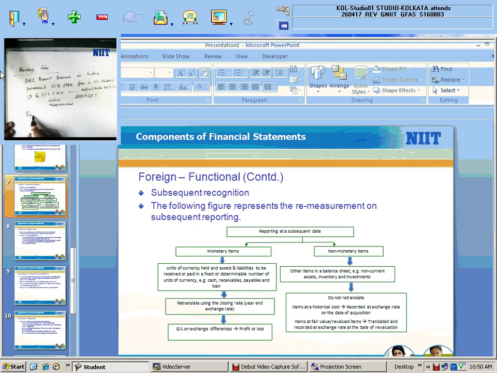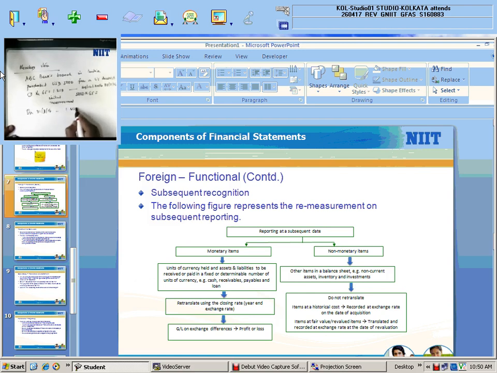Now on 31st May 2016, that is the closing or reporting date, the $5,000 are still held by the ABC Bank's Indian branch. So how is it subsequently measured? Let's say on 31st, $1 equals rupees 66.